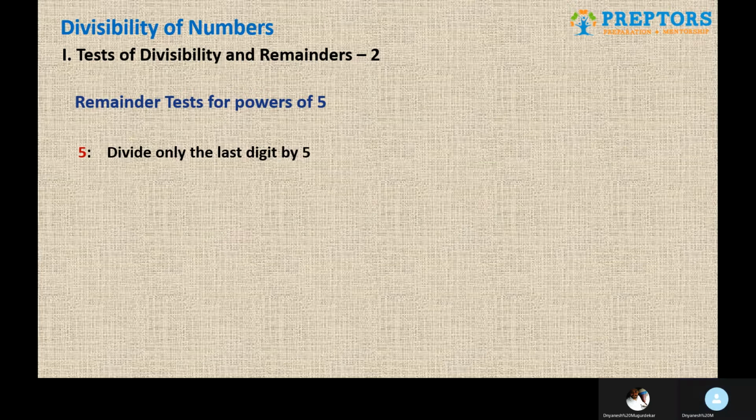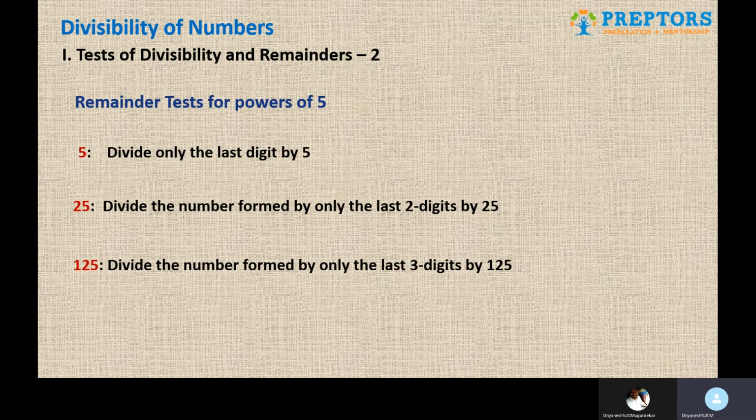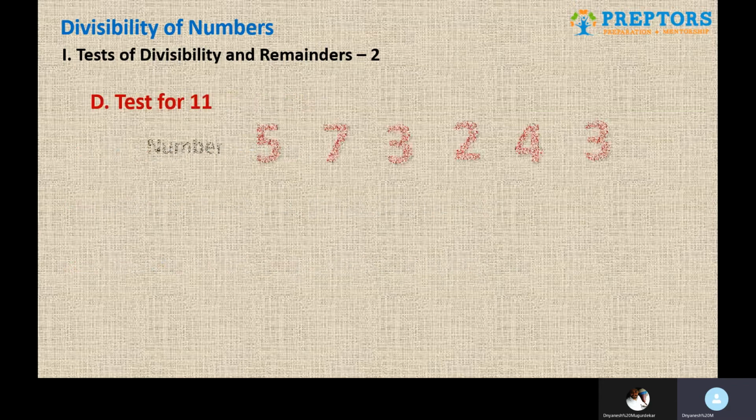For 25, you are going to divide the last two digits of the number by 25 to get the remainder. For 125, you are going to divide the last three digits of the number by 125 to get the remainder. So again, whatever the divisibility test is, it is the same as the remainder test.